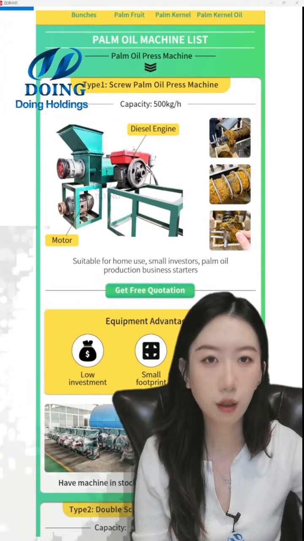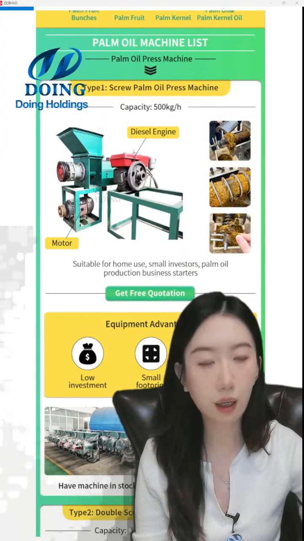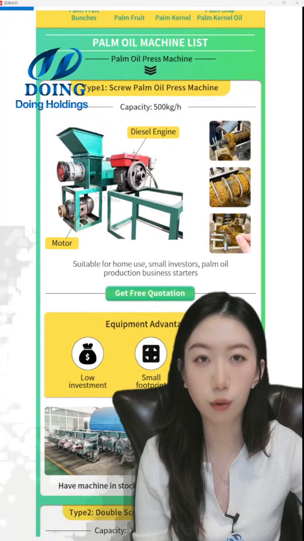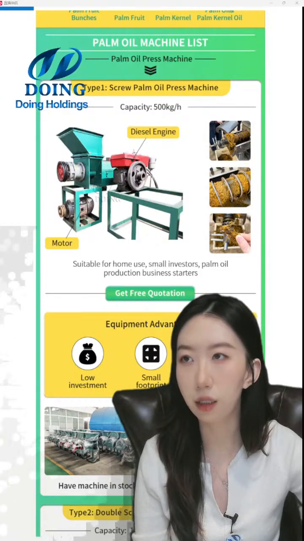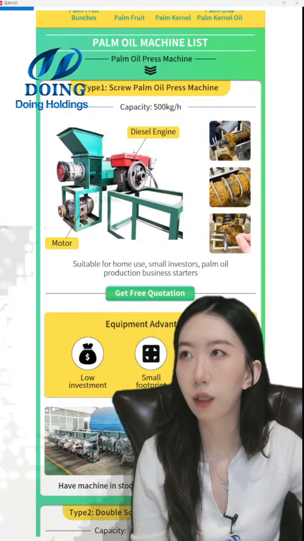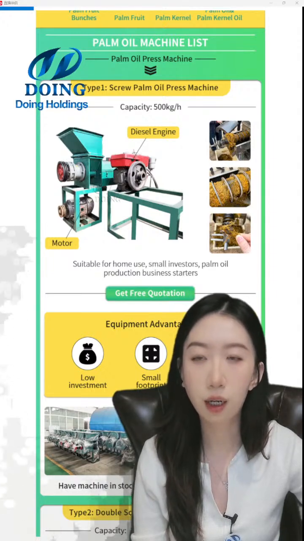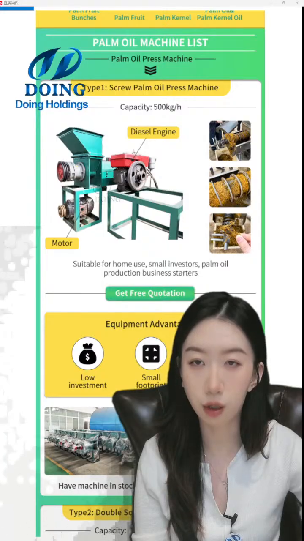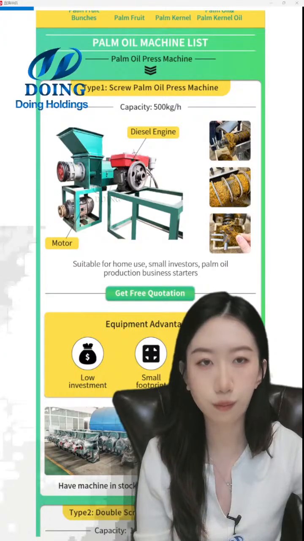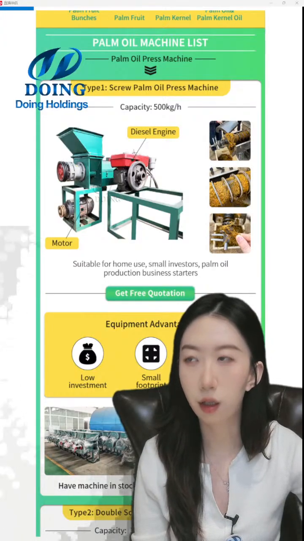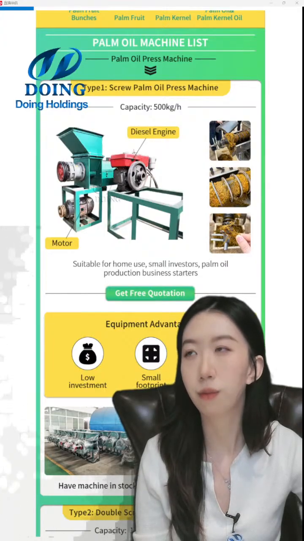And in the palm oil production line, we have 2 kinds of palm oil presser. The first type is the single screw palm oil presser. It's like this. The single screw palm oil presser capacity is 300 to 500 kilogram per hour, and it has two kinds of power system.